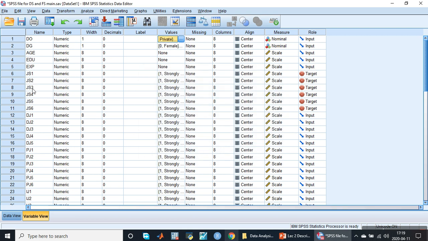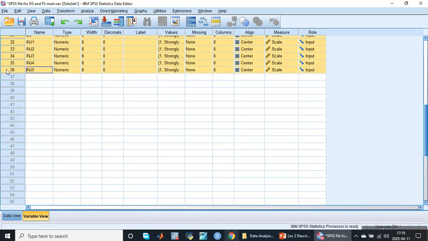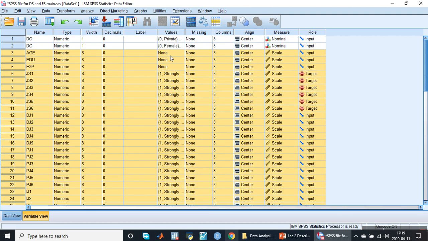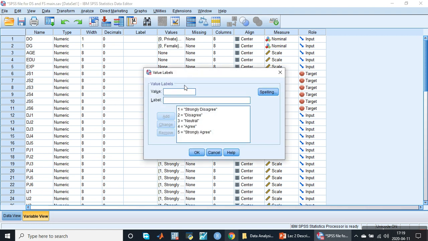The rest of the variables do not have any categories. Therefore, these are known as continuous variables, from 3 to 36. These variables have no categories, so they are measured on continuous scale. From JS1, which is job satisfaction question 1, and all the rest of the questions, there are 5 response options in the job satisfaction scale, but it is not a nominal scale.